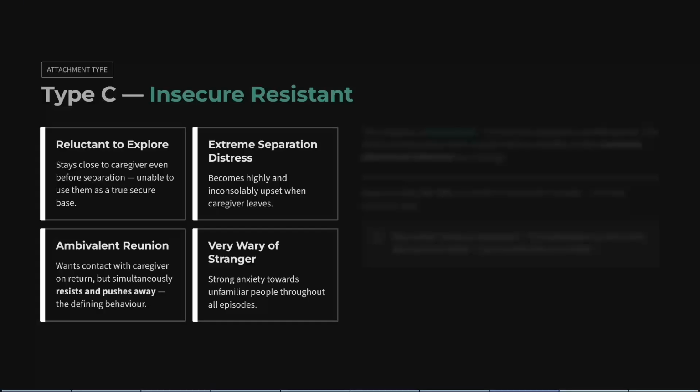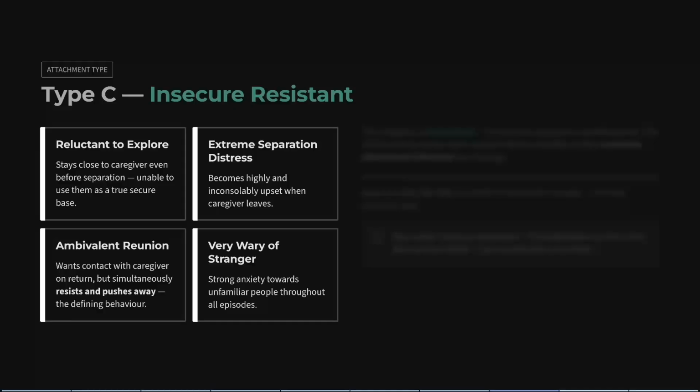Then at reunion, the defining behaviour of ambivalence occurs. And this is what you must be able to describe precisely for your exam. When the caregiver returns, the resistant infant does two contradictory things simultaneously. They seek contact, often by reaching for the caregiver, wanting to be held.